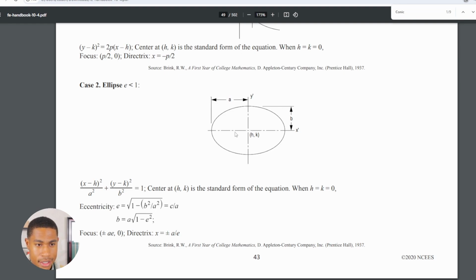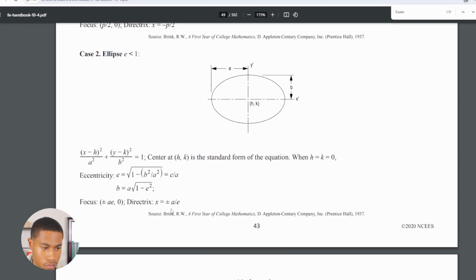And a is going to be in the x direction. These are important things to note. This is how it's going to be shown. They may give you some points along this ellipse and the distance, and make you solve for the eccentricity. So you'll need to substitute these letters for numbers.